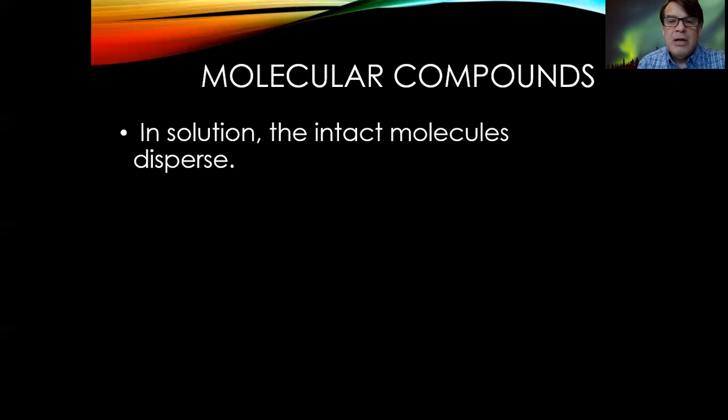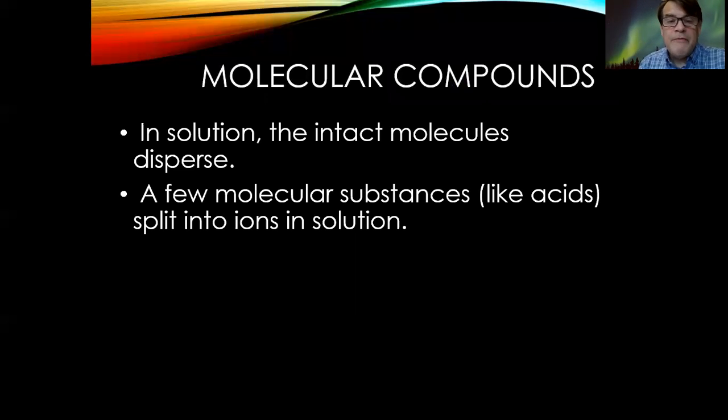In solution, the molecules disperse from each other, not the ions. In ionic solution, the ions themselves break apart and separate. In a molecular solution, the molecules are the things that separate if it's soluble. That is, if the molecule dissolves.